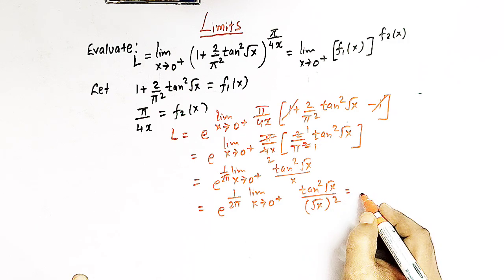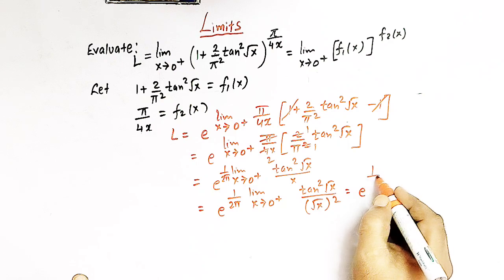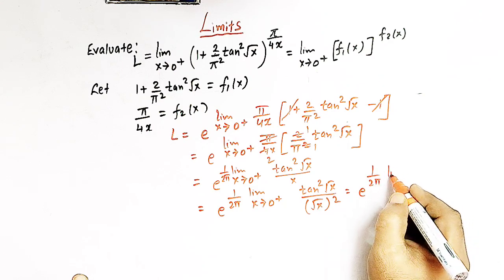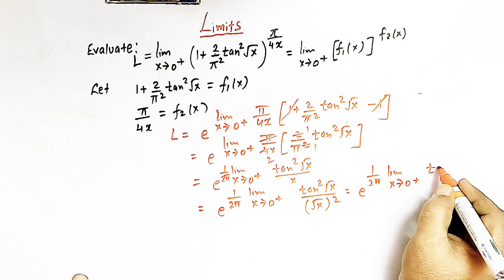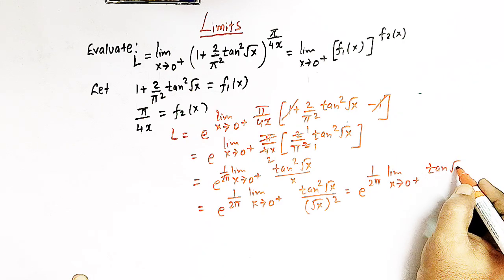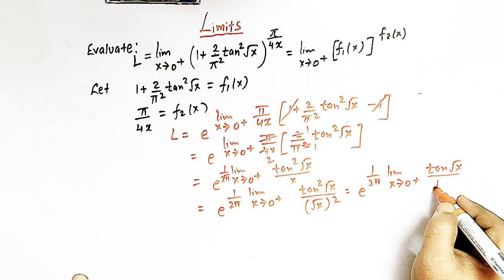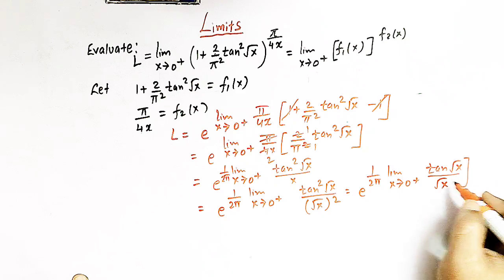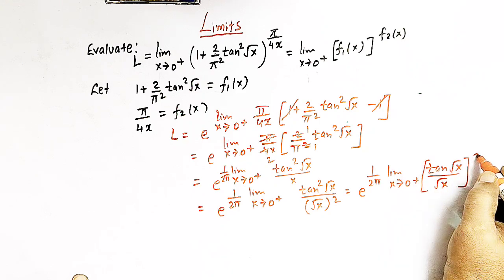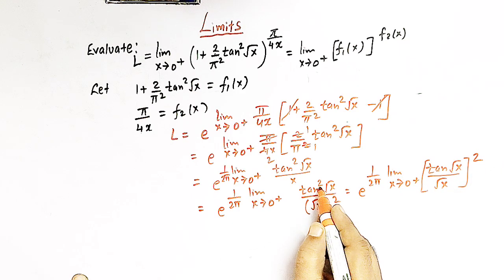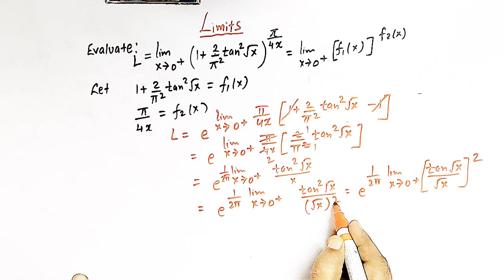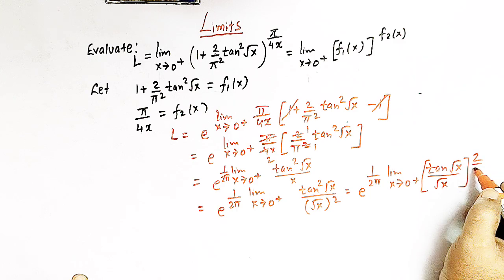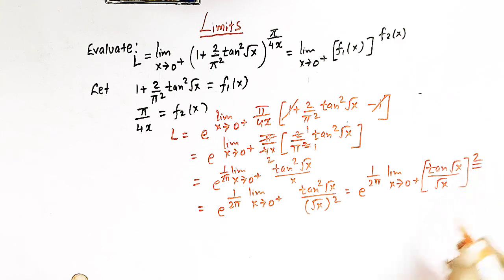So now we can write e raised to 1 over 2 pi, limit x tends to 0, tan root x divided by root x, and we can take the whole square. Here we have tan square root x, here we have root x square, so combining these two terms, we can take the whole square, right?